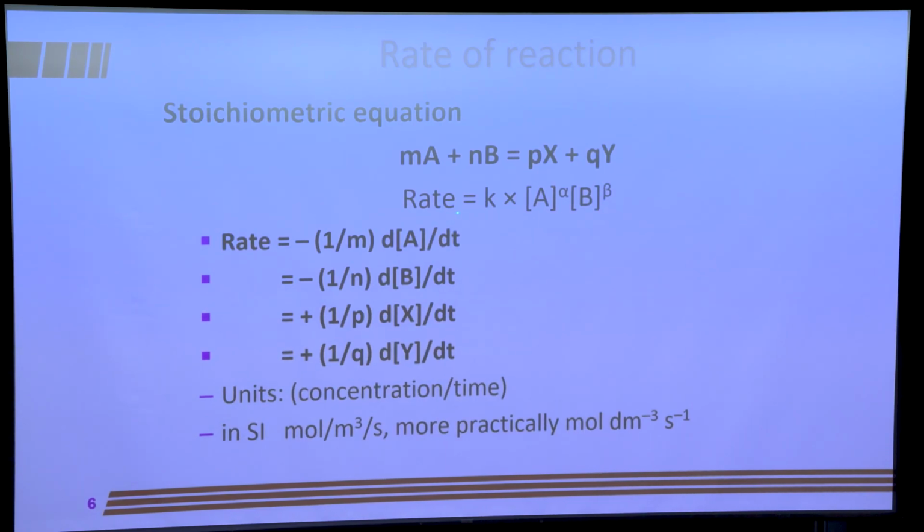Because this is the rate, and we should write Kf here, the rate constant in the forward direction times the concentration of A to the alpha times B to the beta, minus K reverse times X to the gamma and Y to the delta, right? Because they'll be reversed. So the net rate will be the forward rate minus the reverse rate, okay?